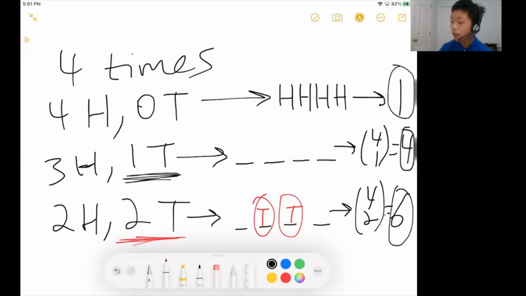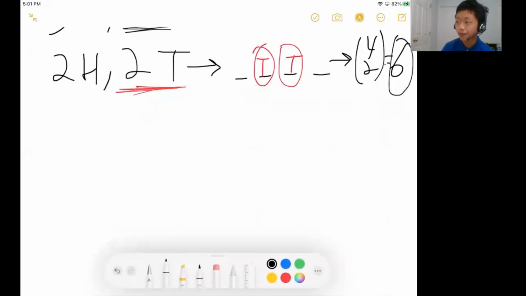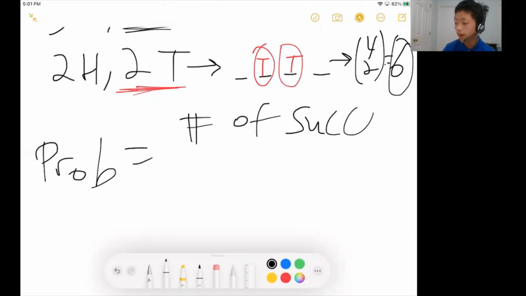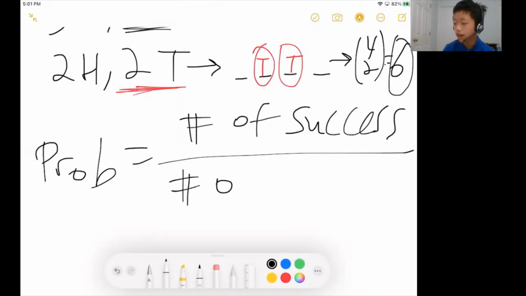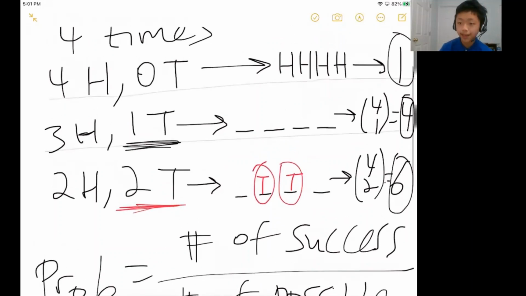Now remember the formula for probability: the number of successes divided by the number of possible outcomes. We found the number of successes came in 3 different cases. 4 heads and 0 tails gave 1 way, 3 heads and 1 tail gave 4 ways, and 2 heads and 2 tails gave 6 ways.